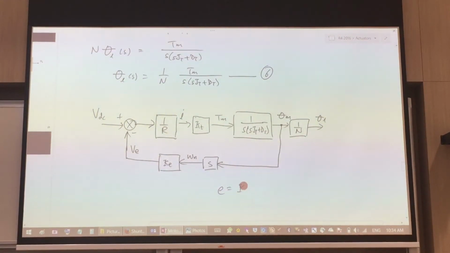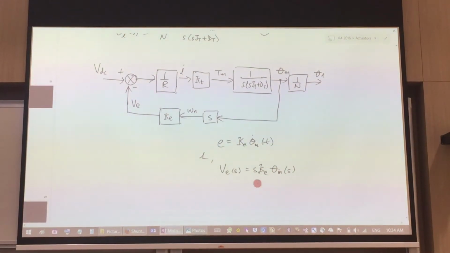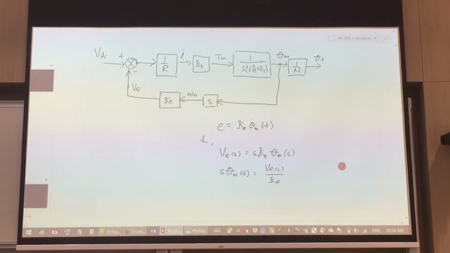We know that back EMF is equal to the following. If I take the Laplace transformation, it will be VE(s) equals KE s theta M(s), so s theta M(s) will be equal to VE(s) over KE.